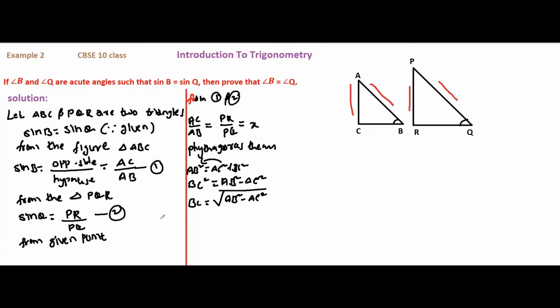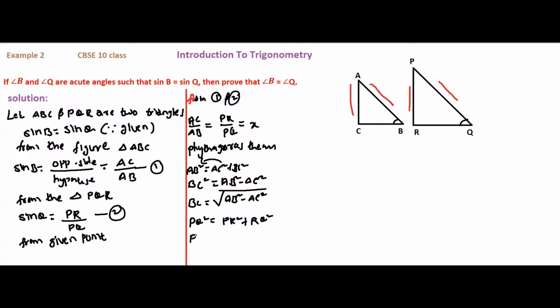In the same way, from the triangle PQR, try to find the QR value. What can we write here? PQ square equals PR square plus RQ square.